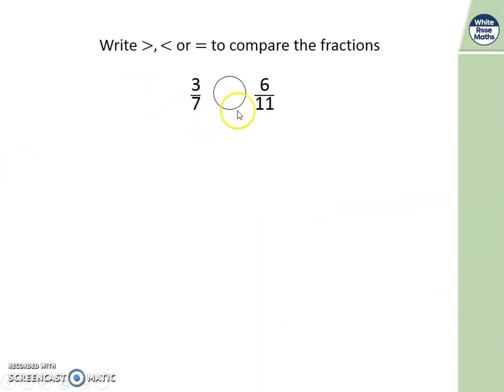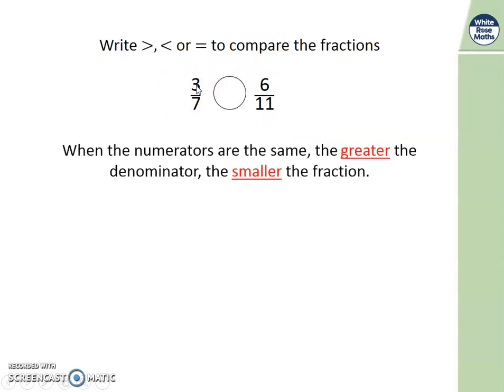Let's have a look at this one. Well, in this one, the numerators are not the same, the denominators are not the same, and it's quite tricky to change them over. Last time we looked at changing the denominators to be the same. What about if we could change the numerators to be the same? I could, therefore, change my 3 to become a 6.